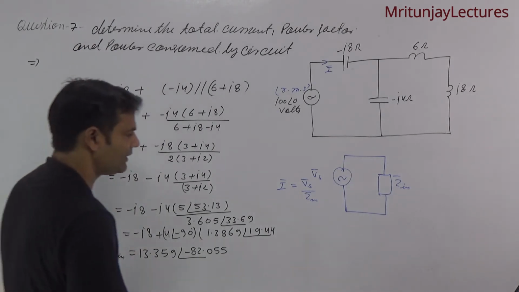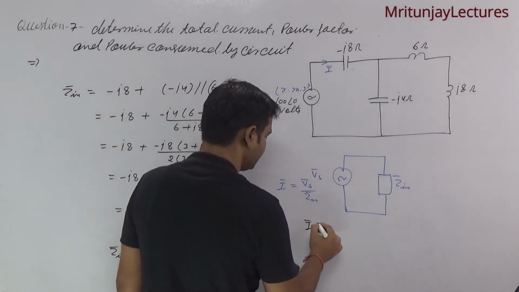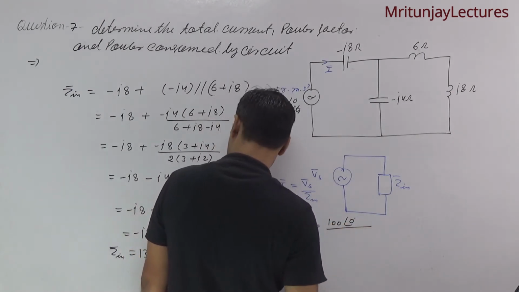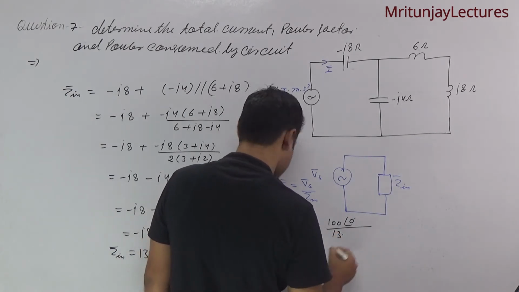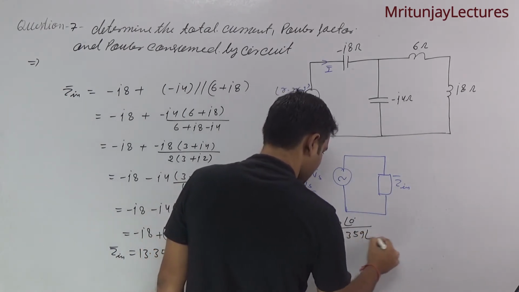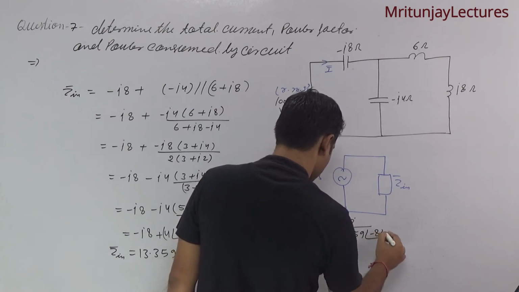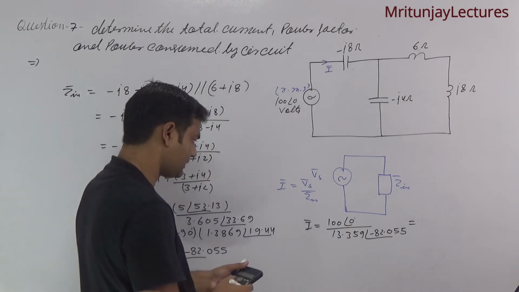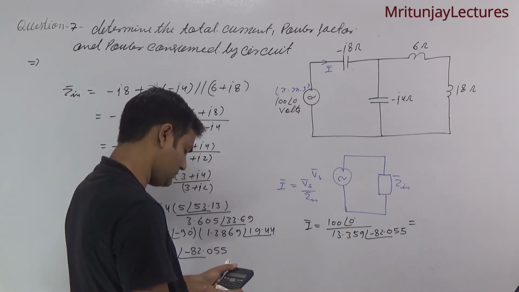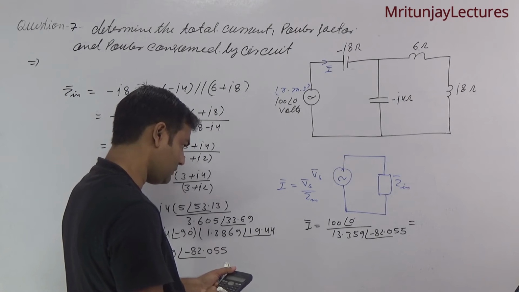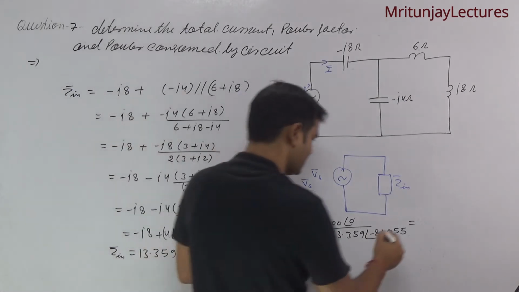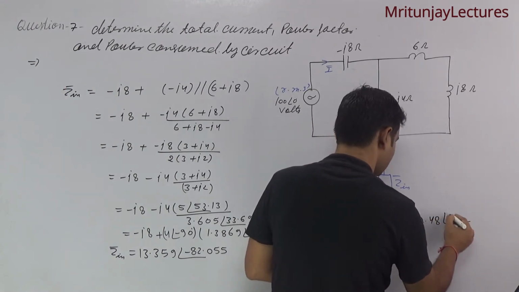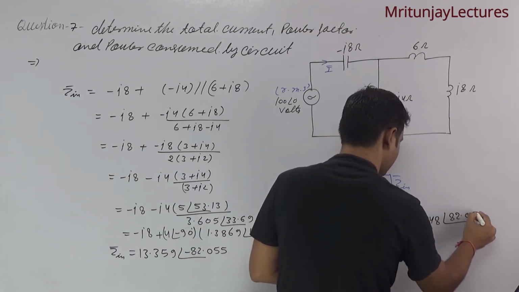So finally our motto, what about I? This equals Vs, which is 100 at the angle 0, divided by 13.359 at the angle minus 82.055. So what about current? 100 divided by 13.359, we got 7.48 at the angle plus 82.055.